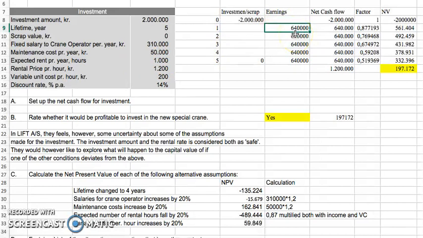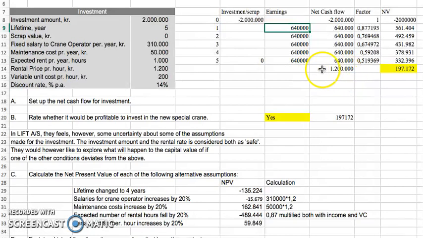This is the earnings. In year 0, we'll of course not be able to make any earnings. So as we see here, we have a net cash flow in year 0 of minus 2 million, then 640, 640, 640, 640, and 640.